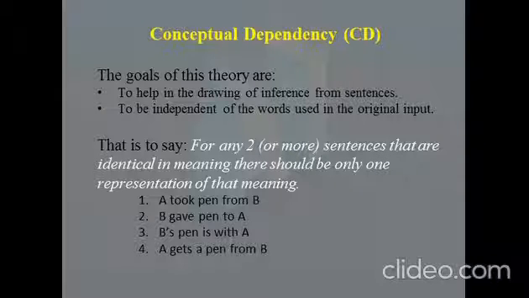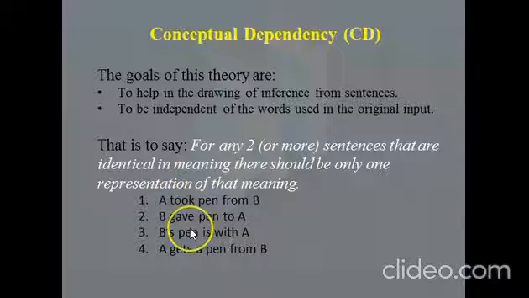As we have seen in the previous example, like took, gave, etc. If the concept of these two words is the same with respect to the object we are using, then the difference of words doesn't matter here. We will have a single representation using conceptual dependency. That is to say that for any two or more sentences that are identical in meaning, there should be only one representation of that meaning.